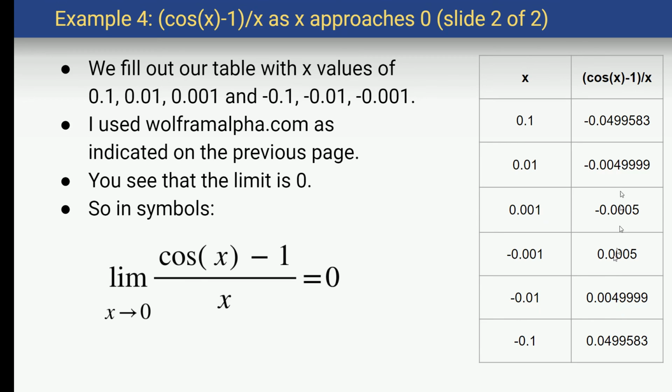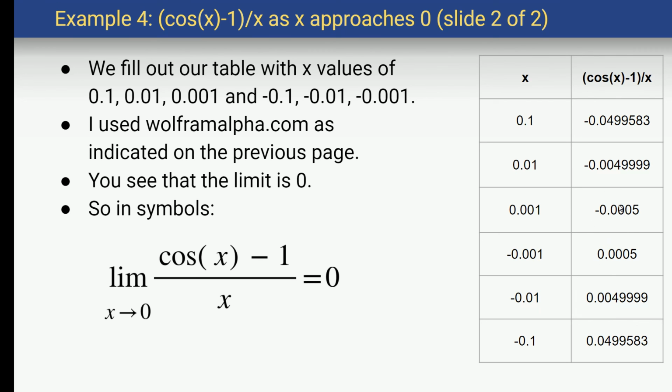And hopefully you can see what's happening to these function values: 0, negative 0.049, negative 0.0049, negative 0.000, and then it was probably 49, but it rounded. Same thing on the other side. These first three are negative, the second three are positive.